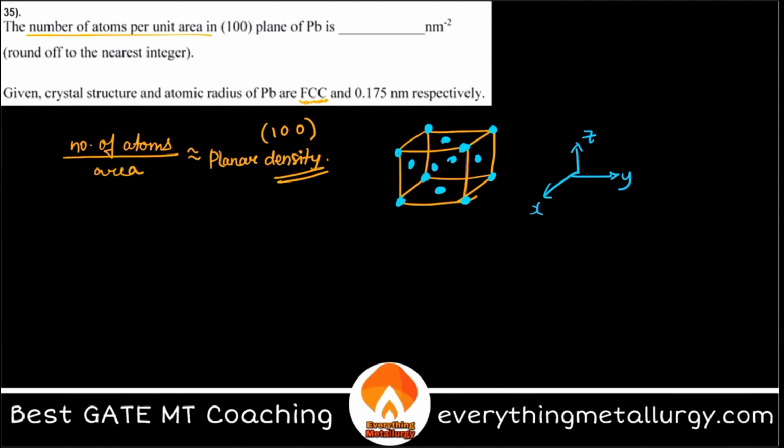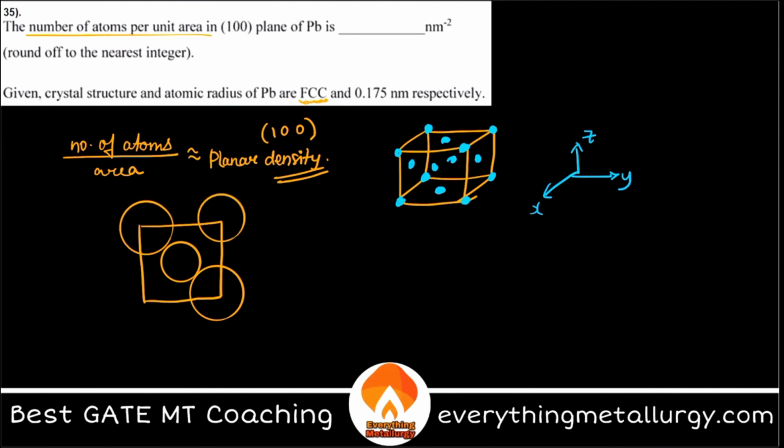If I bring out my 100 plane outside, you get to see, okay, let me draw a perfect circle for you. Again, don't bother about the shapes, but all these atoms are equal here.